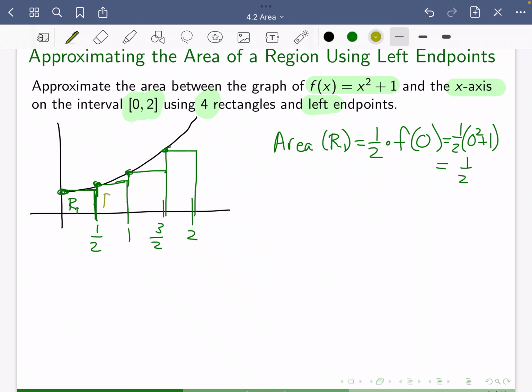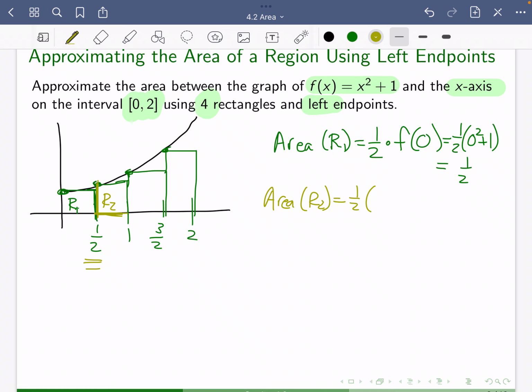If this is region 2, the area of region 2, the width of that rectangle, again 1/2. The height of that rectangle is defined by the height at that left side. The left x value is 1/2.